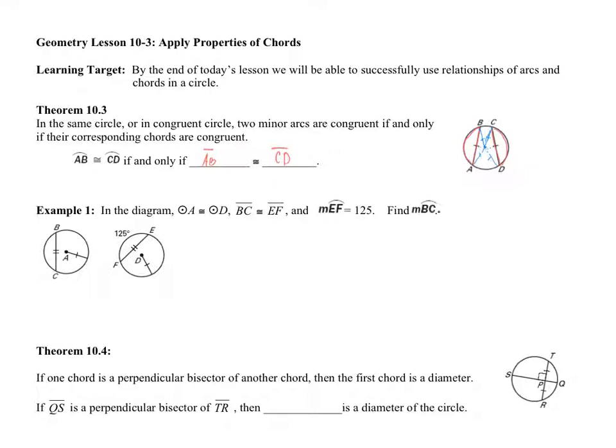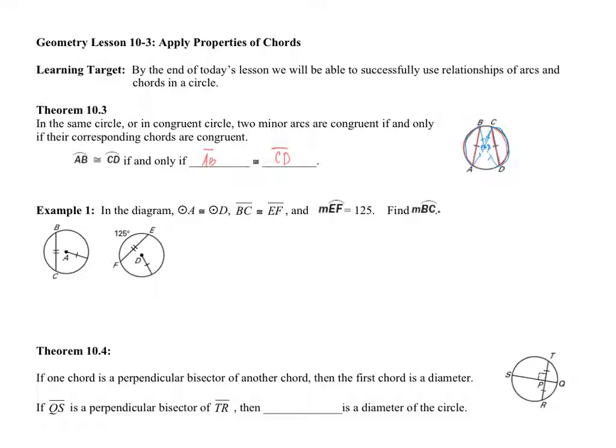And by CPCTC, I can state that these two angles are congruent, and they also happen to be the central angles. And by definition of arc measure, arc AB should be congruent to arc DC. And for the full proof, please refer to my website.